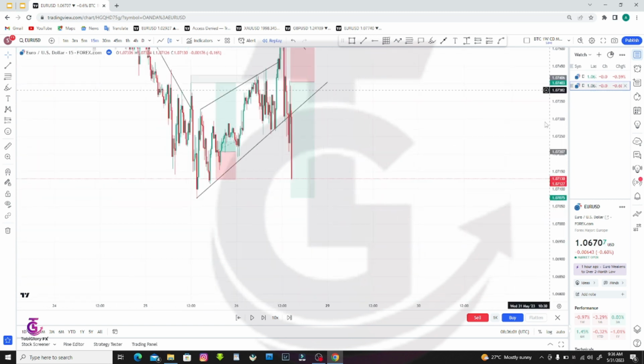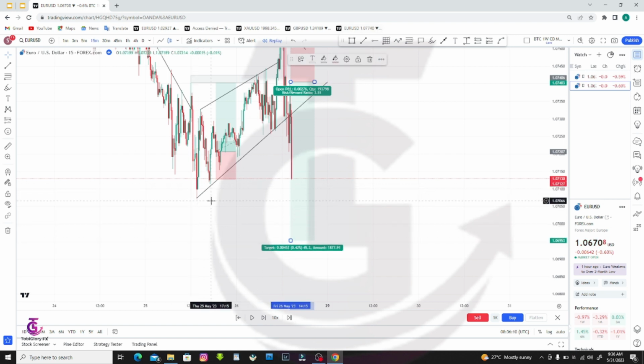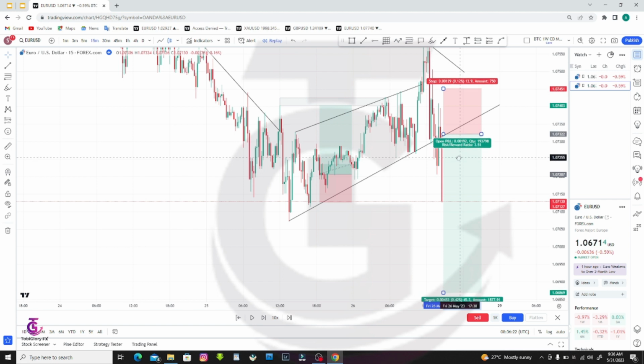This should be your partial. Then if you have any reasonable support you are targeting, then you can go, but this should be your first take profit. Yeah, a retest and a confirmation. If you go to the shorter time frame, a confirmation will be given here, or better still, here.